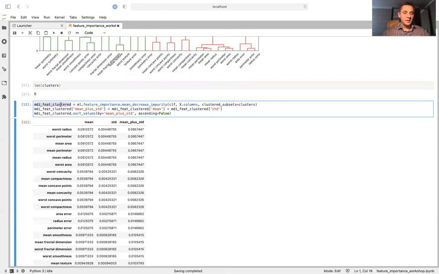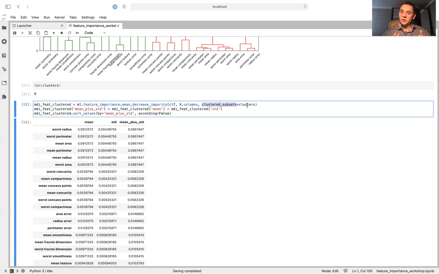We can apply mean decrease impurity, and this is an important note: in MLFinLab we don't have a separate function for clustered feature importance, but you rather use clustered subsets, with clusters being equal to your specified cluster data structure, instead of using a separate function.